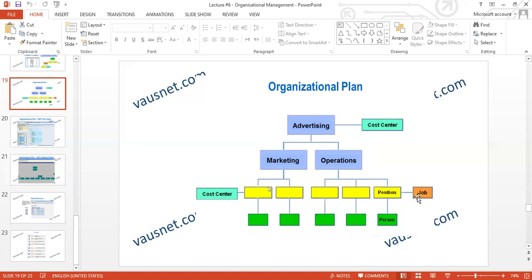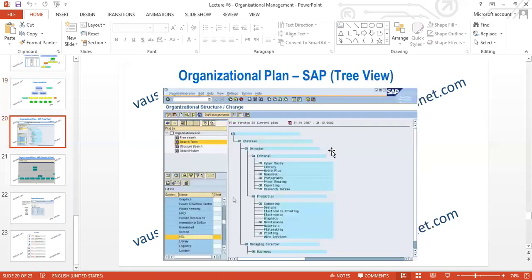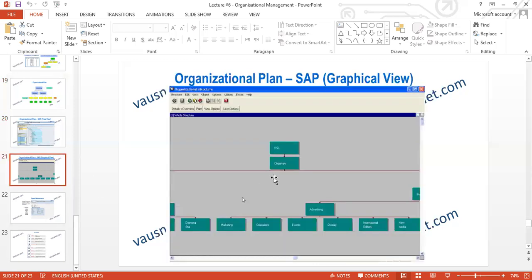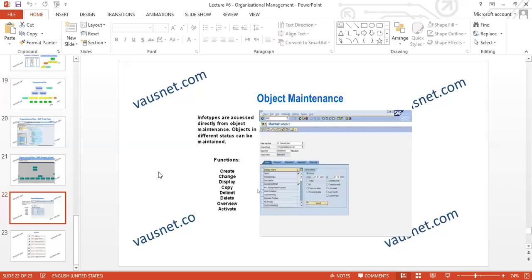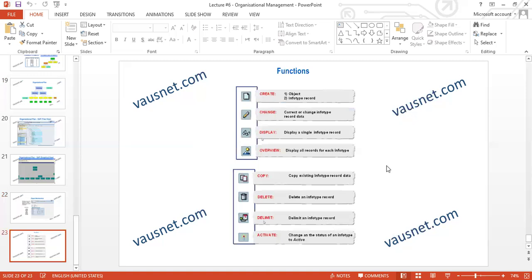And jobs will describe and explain how these jobs will be executed. Okay, and we'll see how we can make this. And the layout will also be discussed ahead. We will maintain these units, persons, jobs, positions. We can create them, change them, display them, and so on. We can also delete them, deactivate them as well.